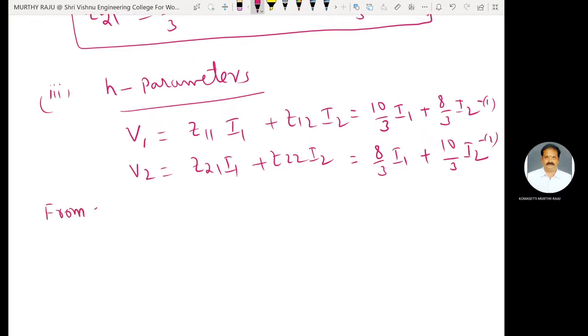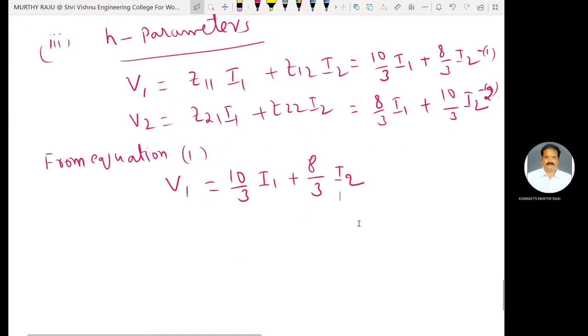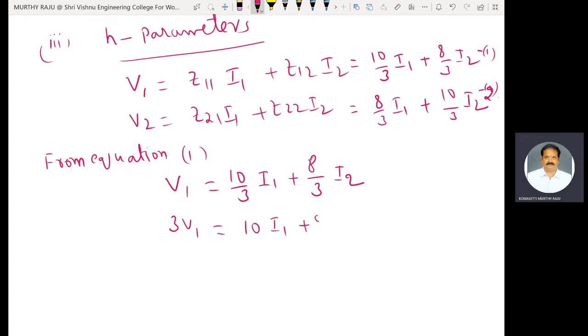From equation 1, V1 is equal to 10 by 3 I1 plus 8 by 3 I2. So 3V1 is equal to 10 I1 plus 8 I2.